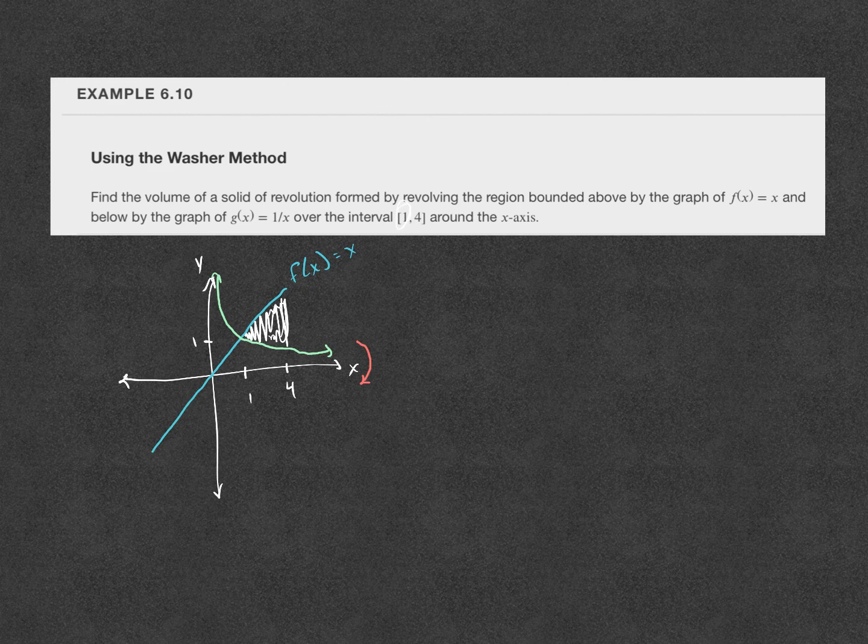All right, but I can set up the integral. V equals pi, has to be there every time, times the integral from 1 to 4. Those are the given bounds. They were nice and gave us the bounds. And then top function squared minus bottom function squared dx.